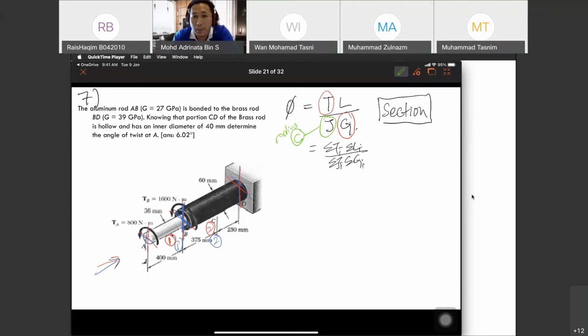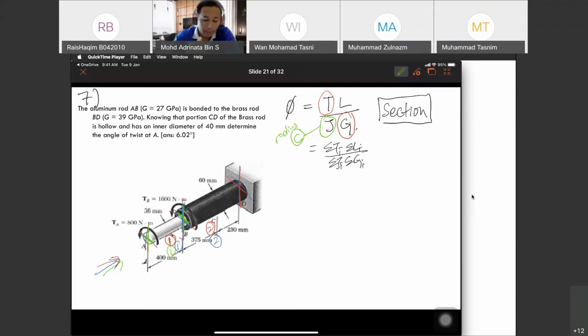Sekiranya ada perubahan radius, if you have any change of radius, then you need to divide it into section. So from the front, we have from the plane 1 until the section B. So ada perubahan radius. Okay, so yang ini kita namakan dia section 1.